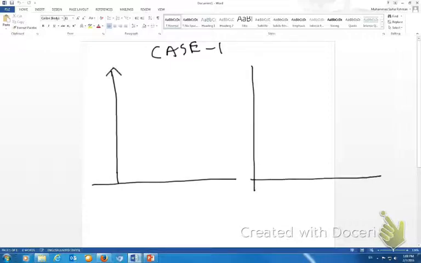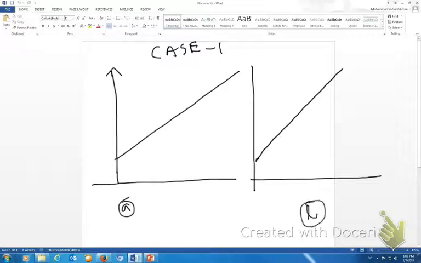Okay, we're going to keep the shape of the supply curve the same. So we are going to keep the supply curve identical, and then in case A, and this is B, in case A I'm going to keep my demand curve fairly elastic, and in case B I'm going to make my demand more inelastic.